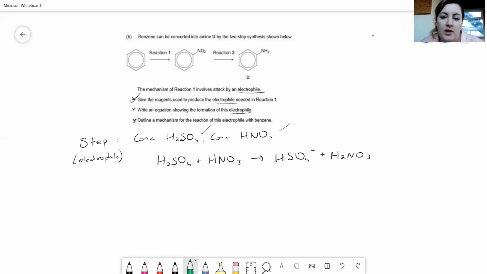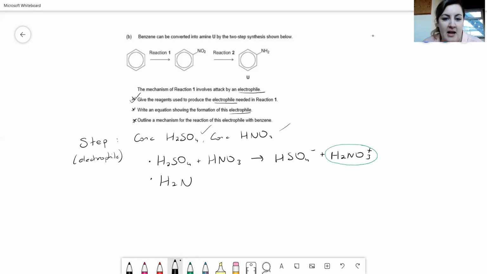Now, what we're trying to focus on is this bad boy over here, because the second part to this first step, I should say, is how we then obtain our electrophile of NO2 plus. We will actually be coming back to HSO4 minus. It'll come back at the very end, but I will explain that when we get there. So we've got this plus, very important.